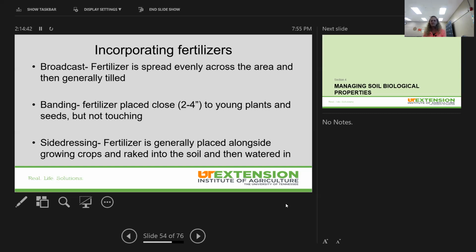Okay, so incorporating fertilizers or how you apply them, you're going to hear us use terms like broadcast, banding, side dressing. So broadcasting your fertilizer just means you're evenly spreading it out across the area, and then it's generally tilled in to the upper surface of the soil.